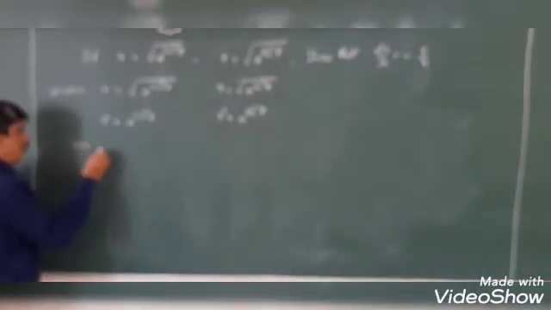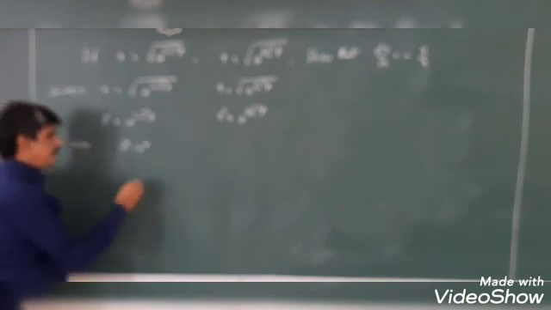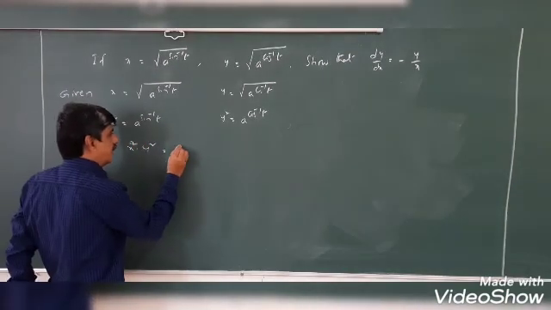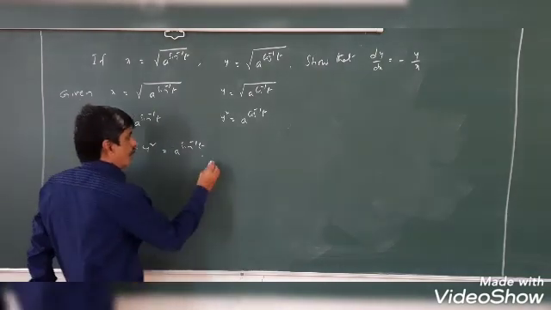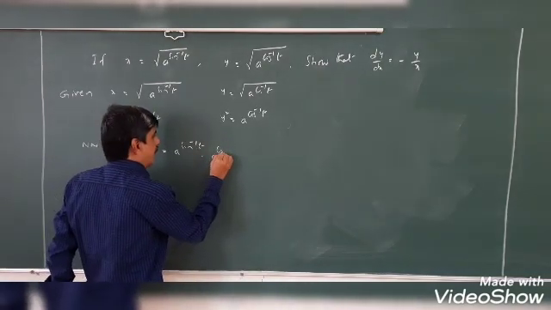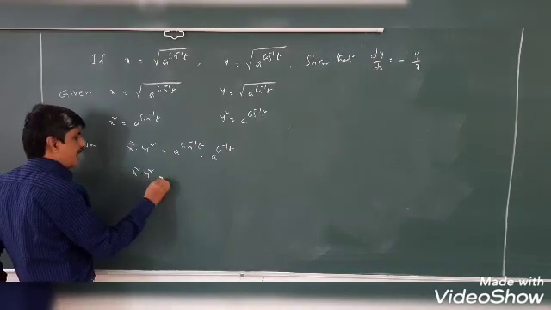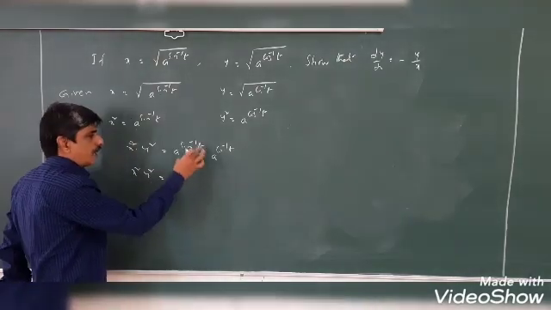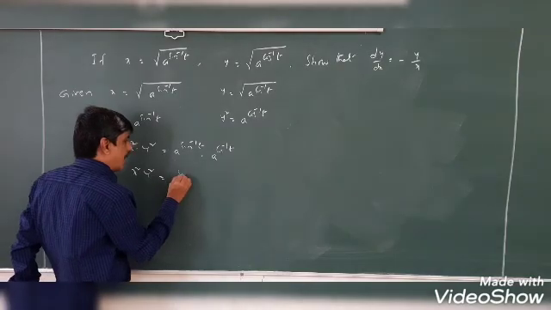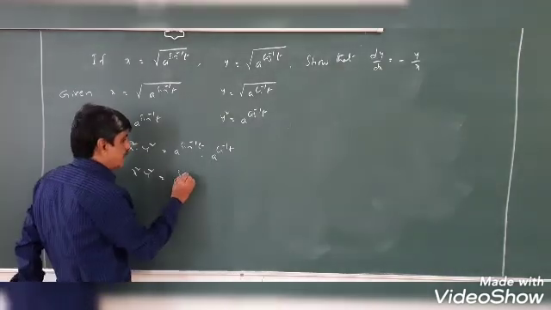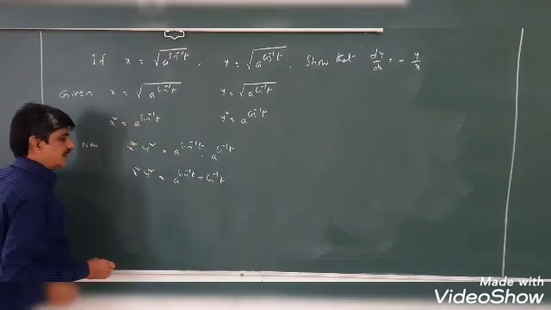Now x square into y square. So x square is nothing but a power sin inverse t into y square is a power cos inverse t. So x square y square is equal to a to the power of m into a to the power of n. We will write it as a to the power of m plus n. So a to the power of sin inverse t plus cos inverse t.